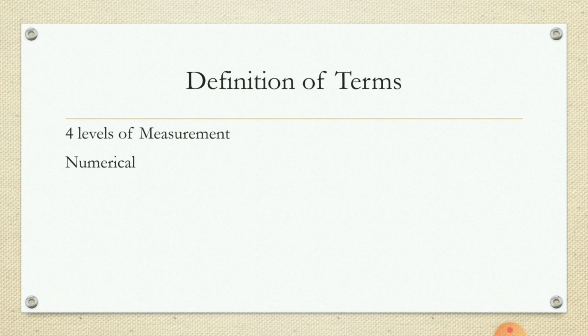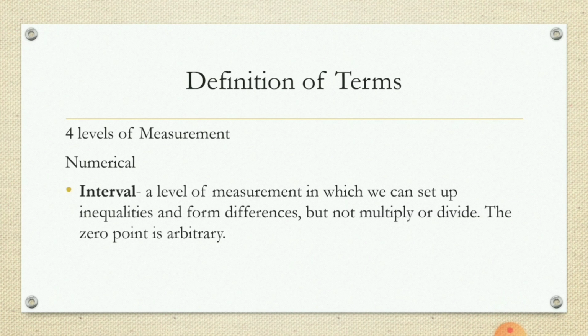Under numerical, we also have two. First, we have the interval. It is a level of measurement in which we can set up inequalities and form differences, but not multiply or divide. The 0 point is arbitrary, meaning to say, there is no true 0 point or there is no starting point.